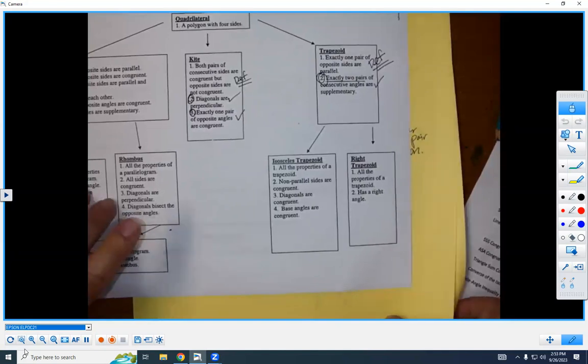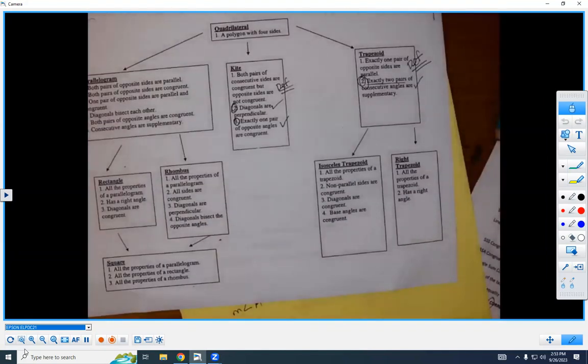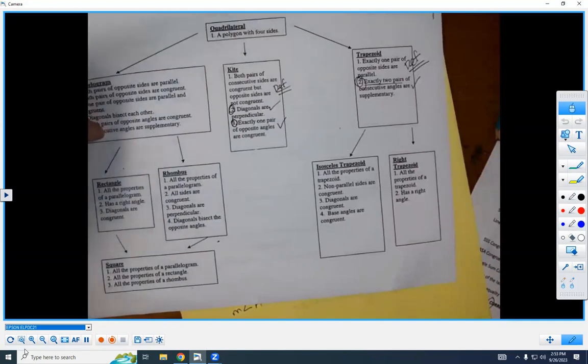Let me see, what did we write? I only wrote down the definitions for parallelogram, trapezoid, kite, rectangle, square, and rhombus. I remember thinking about this last time, does it have more than one right angle or just one right angle?